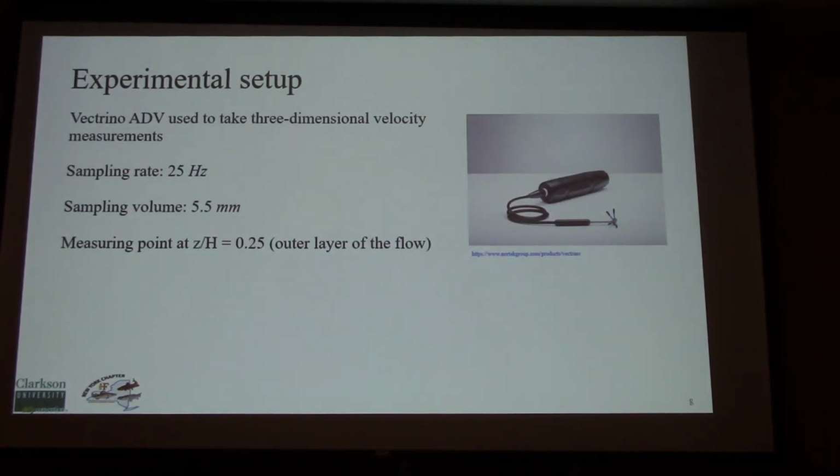To measure the flow field, we use a Vectrino ADV. It can measure three-dimensional velocity field. And the sampling rate for it was 25 hertz with a sampling volume of 5 millimeters. And the measuring point was at a relative depth of 0.25. It was actually an outer layer of the flow, not very close to the bed.